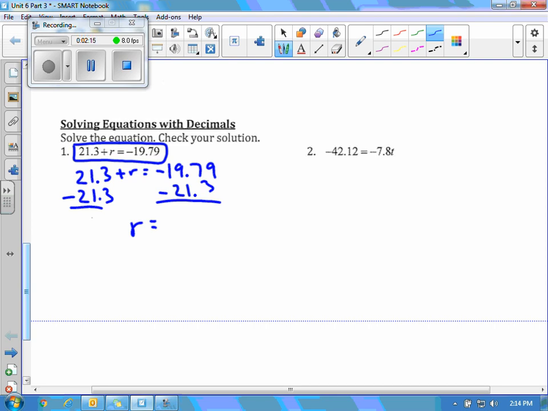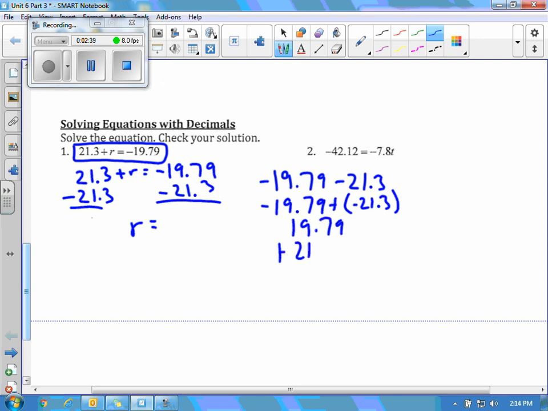First off, we have a negative minus a number. So over here to the side, I'm just going to rework this. So I have negative 19.79 minus 21.3. I'm going to rewrite that as negative 19.79 plus a negative 21.3. So that tells me that I'm actually just adding these together and then putting a negative in front of it.